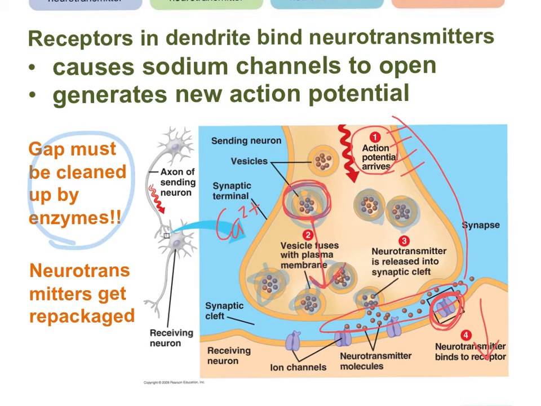So it essentially takes those neurotransmitters and repackages them back into the vesicle so that neuron could fire for your entire life. Your neurons really don't replicate much, so one neuron lasts pretty much your entire life. So you repackage those neurotransmitters so that the neuron can fire again. And there's an enzyme that does that.